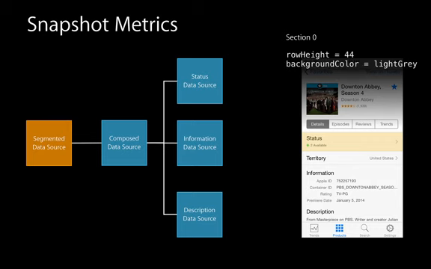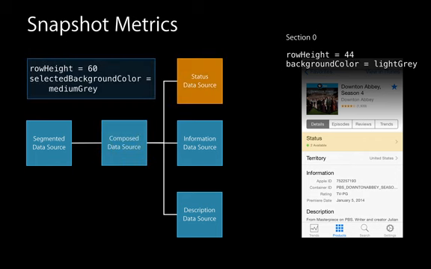Next, we move to the next most specific data source, which is the composed data source for details. It just so happens that it doesn't define any metrics whatsoever, not default metrics, not section-based metrics. So then we can move on to the status data source, which has section-based metrics specifically for that section of row height equals 60 and selected background color of medium gray.